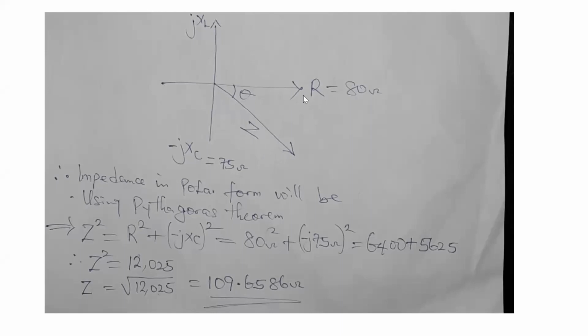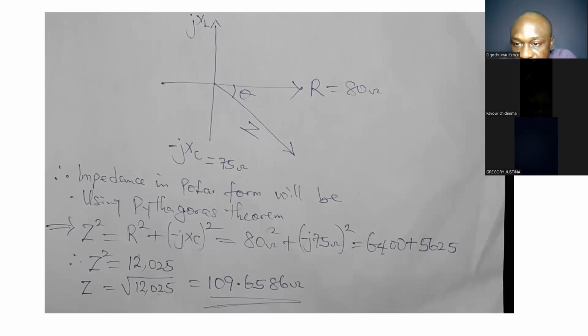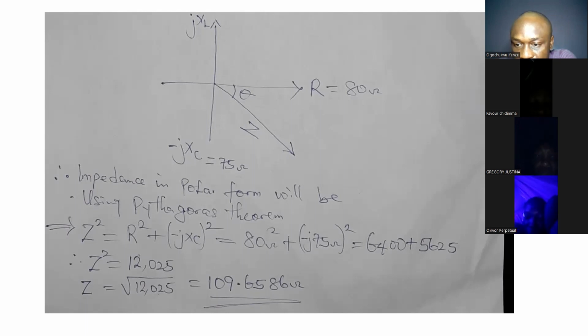And this one, R, is the adjacent of this angle, and the opposite is minus jXC. I hope you people are still here with me. Yes, sir. Okay.